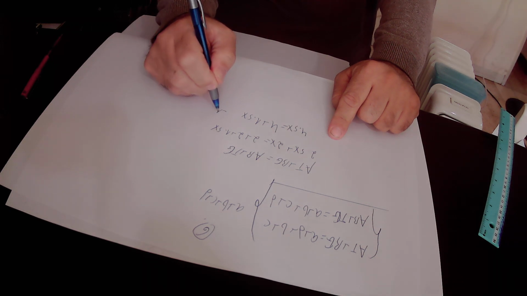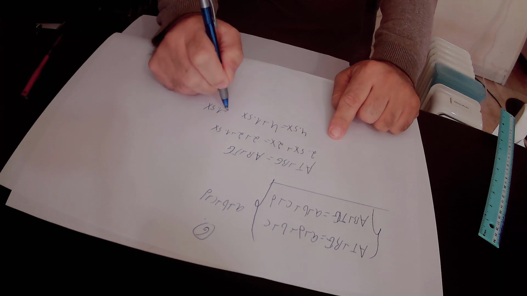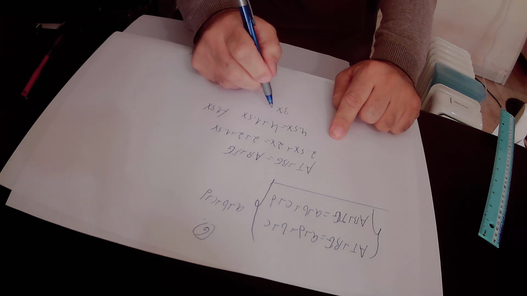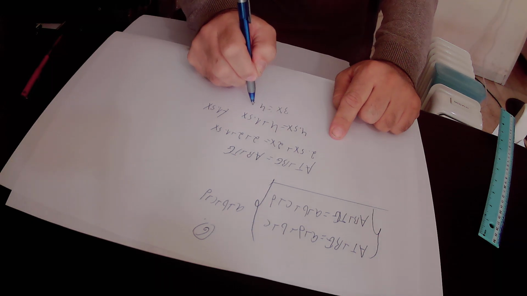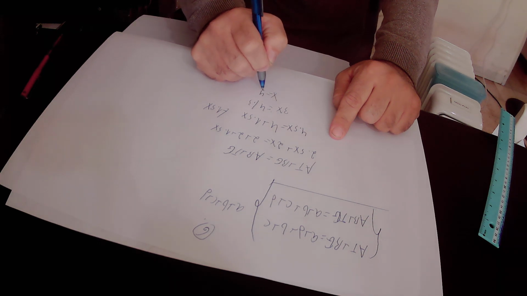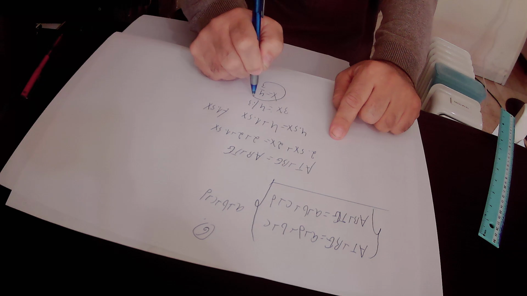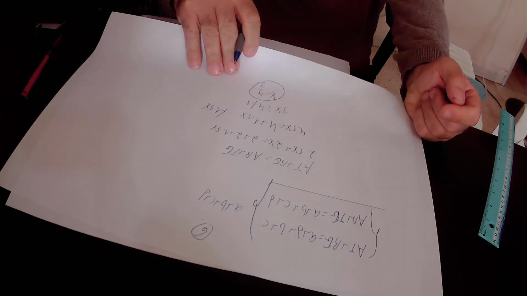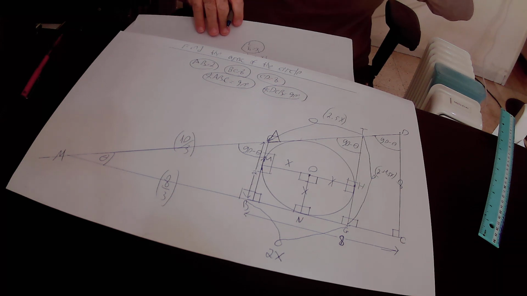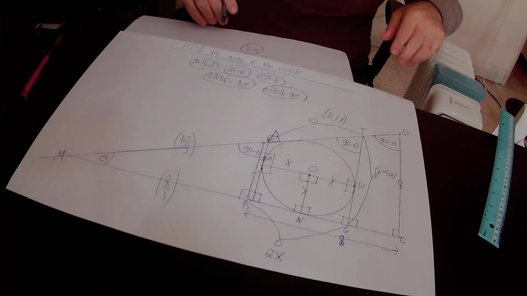Here we subtract 1.5x from this equation and we get that 4.5x minus 1.5x is 3x. So 3x equals 4. Here we divide this equation by 3 and finally we get that x equals 4 over 3 units in length. We found out that x, the radius of this circle, equals 4 over 3 units.